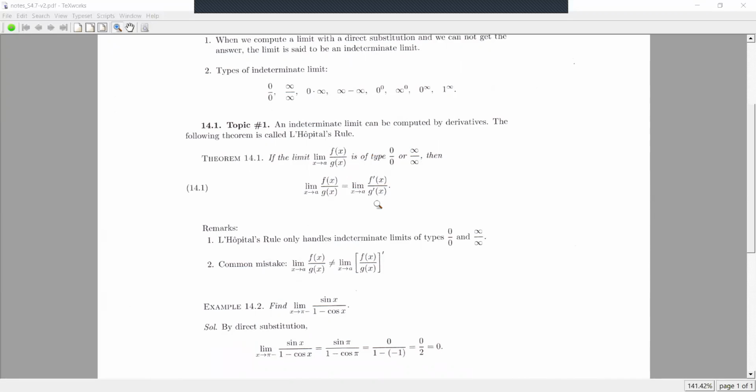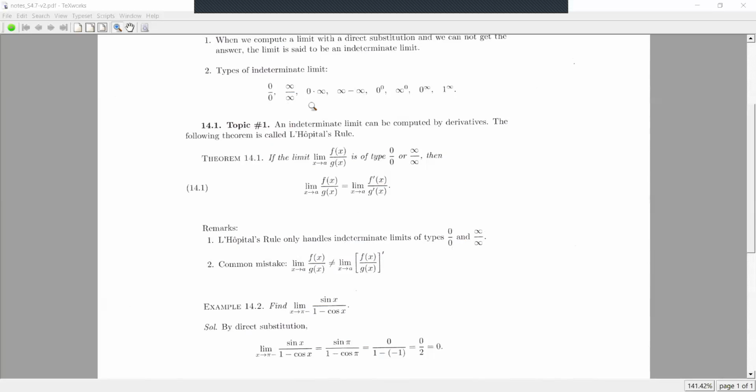About L'Hopital's rule, there are two things we need to pay attention to, okay? One, L'Hopital's rule only handles indeterminate limits of type 0 over 0 and infinity over infinity. That means L'Hopital's rule can only handle the first two types of indeterminate limits.